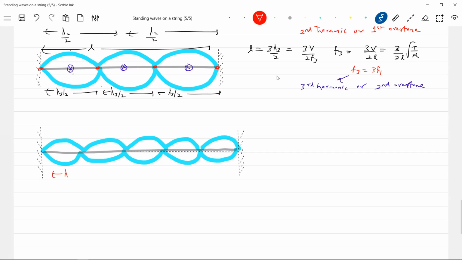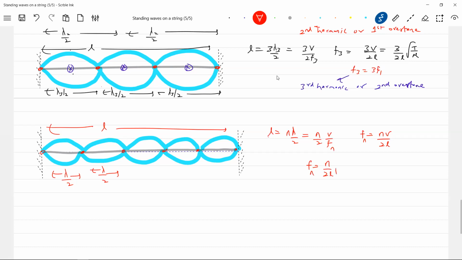So this will become lambda by n, and the total length of the rope is L. Then what will the resonant frequency be? n lambda, sorry, this is lambda by 2, no? So n lambda by 2. The distance between adjacent nodes should be lambda by 2. Then this should be equal to L, and lambda is v by f. Therefore f equal to nv by 2L, or fn is equal to n by 2L root of T by mu. This is called the nth harmonic.